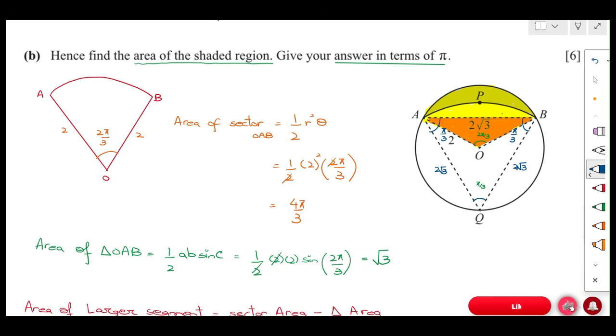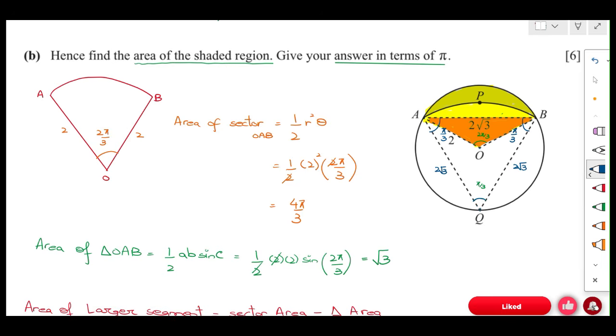Let me explain one more time how I come to know that the triangle ABQ is an equilateral triangle. ABQ is an equilateral triangle because the point A, the point B and the point Q all lie on the circumference of a circle with the center O. If the angle at the center is 2 pi by 3, the angle at the circumference is half of 2 pi by 3, which is pi by 3.